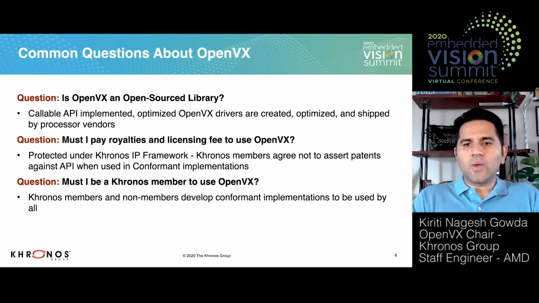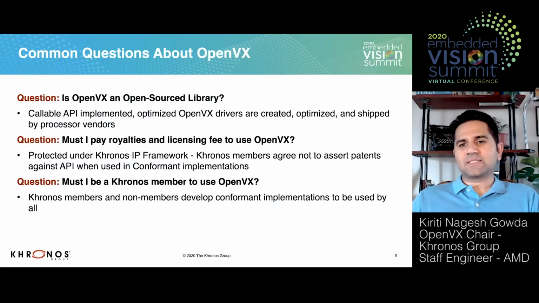And then the vendors actually develop the library and introduce it to the public. So OpenVX is a standard which vendors implement, and then you can get a hold of the library. You can still do the sudo apt-get OpenVX if there is one, but it's not the OpenVX working group that develops it. It's more the vendors.